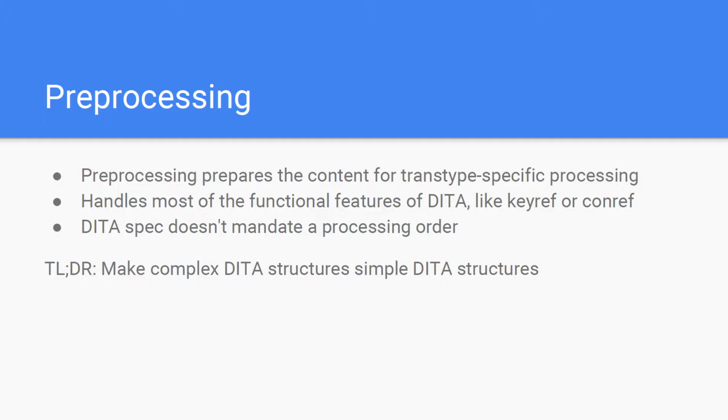But DITA has, I don't know what you'd call them, what would be a good word for conrefs, chunking, keyrefs? Those data processing features, we're simplifying those or removing them, normalizing them out, so you will get actual simple data structures.